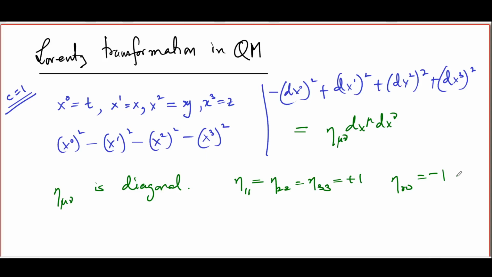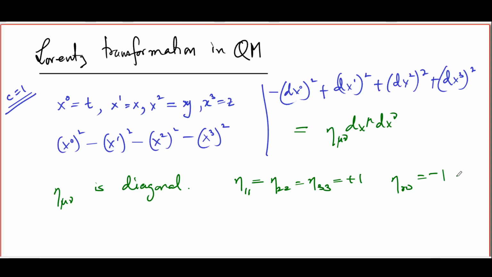A word of warning here. Usually there are two distinct conventions as far as writing this particular metric is concerned. One of them is this one, where the spatial diagonal elements are plus 1 and the temporal diagonal element, the eta 0 0 element, is minus 1.